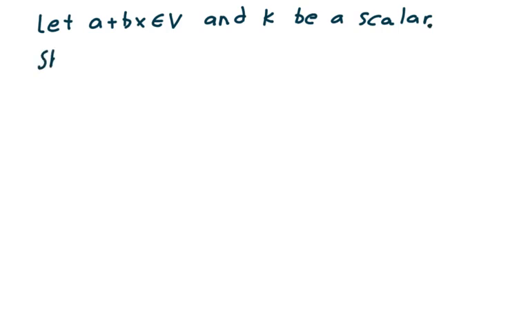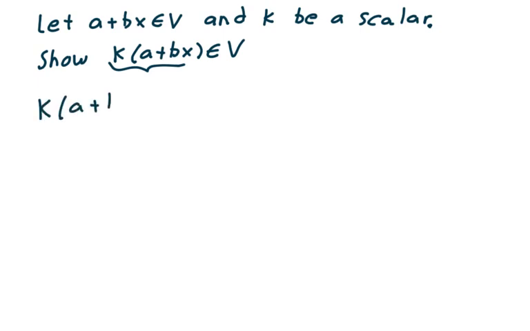We want to show k times a plus bx belongs to V. In its present state, it doesn't at all. So we need to look at k times a plus bx. But this is ka plus k times bx.